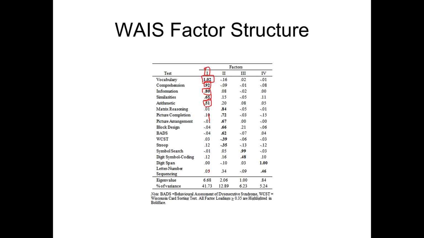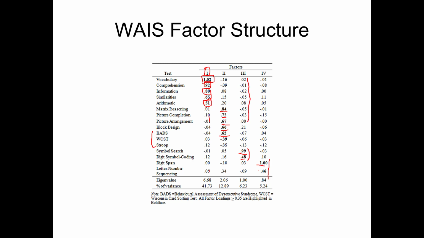This is not just a WAIS factor structure. They also have some other measures here, as you can see. The second factor has matrix reasoning, picture completion, picture arrangement, block design, and the behavioral assessment of executive functioning. The third factor is these two, and you can see the fourth factor is down here. So this is a nice simple structure. When an item loads on a factor, it loads above 0.4, and when it doesn't load on the factor, it's a really small number.